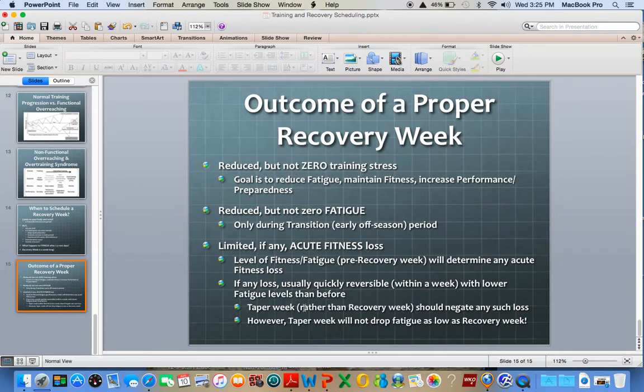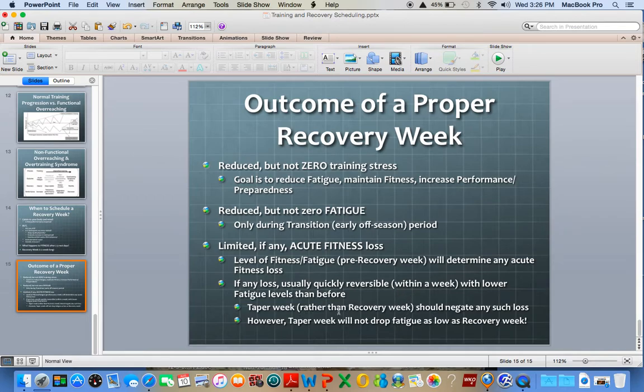All right, so the difference between a taper week and a recovery week is that a recovery week is really designed to reduce fatigue more than a taper week. A taper week is designed to reduce fatigue, yes, but maintain, if not increase fitness, right? And increase performance, right? So how is that done?